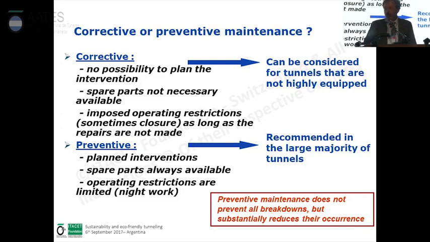But if you go for more complicated, more sensitive tunnels, preventive maintenance is the best thing. You can plan interventions, you can be sure that you have the spare parts available, and you can also choose to operate with limited impact to traffic.